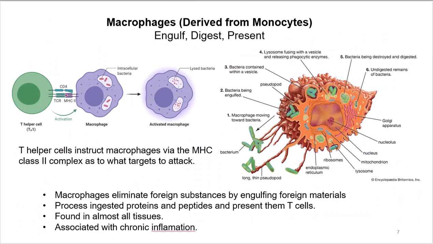And so looking at the macrophages, which are derived from the monocytes, these have appendages that can go and do things like collect bacteria or other substances, and they can actually engulf them and then digest them.